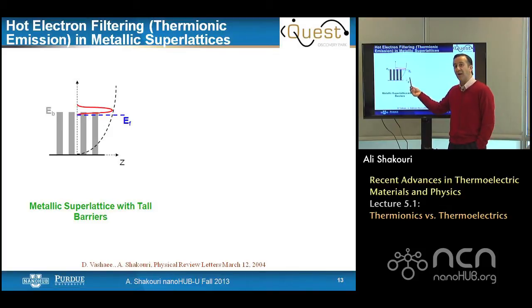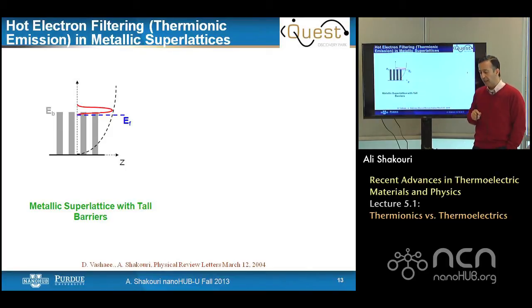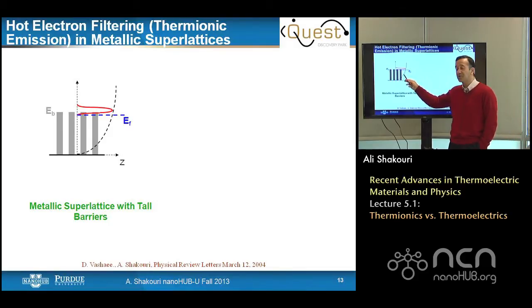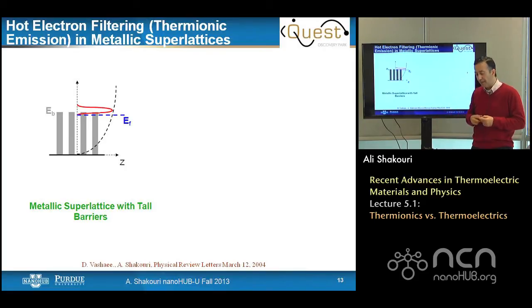When you look at this, you say all of the electrons with high energies move and all of the electrons with low energies don't move. Every representation has a limitation. This is a picture in energy space.